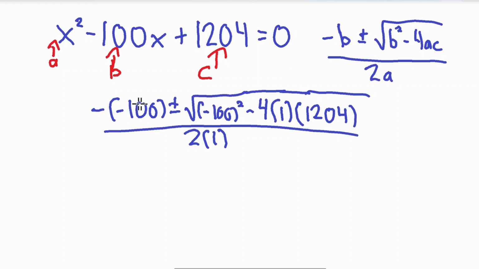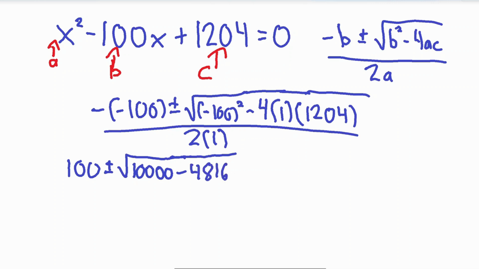So negative times negative 100 gives us positive 100, plus or minus negative 100 squared is positive 10,000. Remember, square a negative number, you still get positive. Minus 4 times 1 is just 4, times 1,204 is 4,816, over 2.